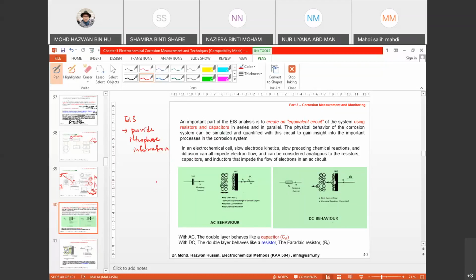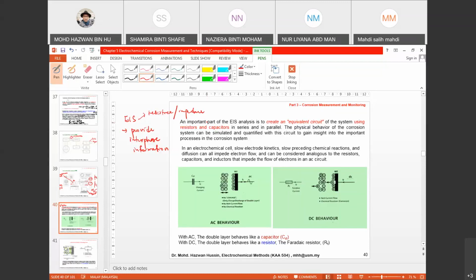But for EIS, it will give you some indication, because it gives a resistance, so-called impedance, value. So if you see the formation of multiple resistances, you know that you have a multi-layer of product forming on your electrodes. Maybe if you have a coating material, you have a porous resistor and something like that.